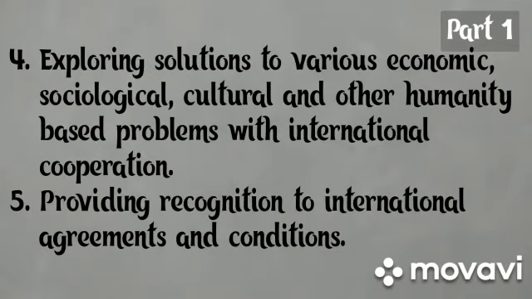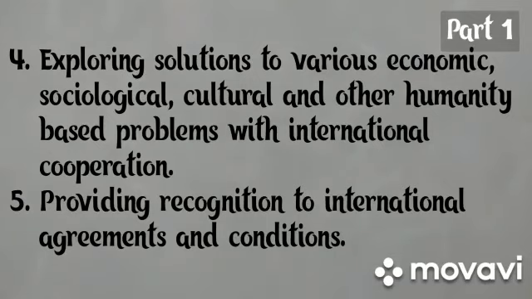For example, sometimes many countries have a conflict and just want to go to war, but UNO's goal is to find a solution that's not based on war. The fifth aim of the United Nations Organization is providing recognition to international agreements and conditions.